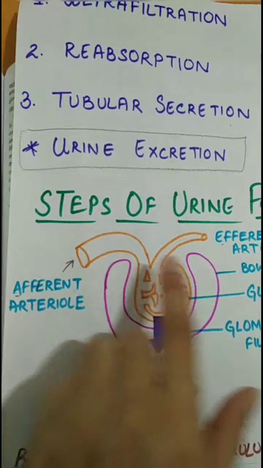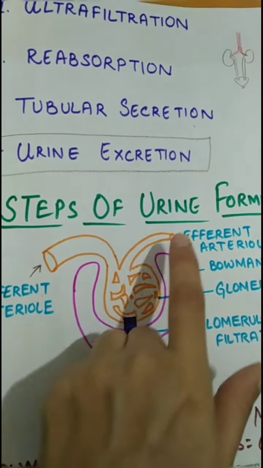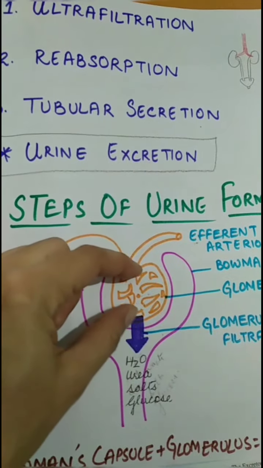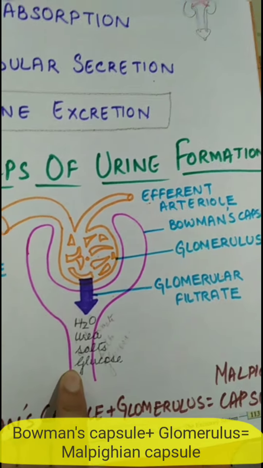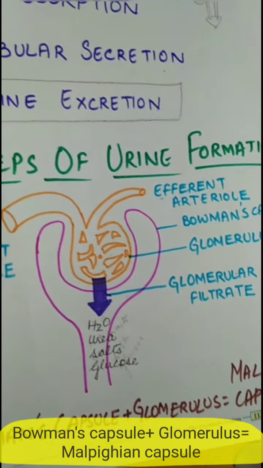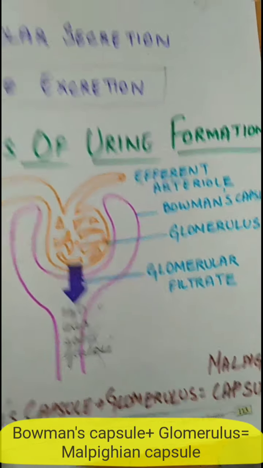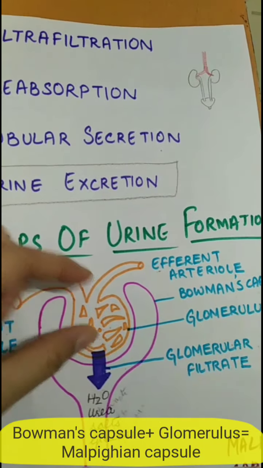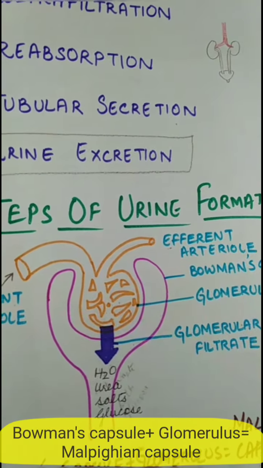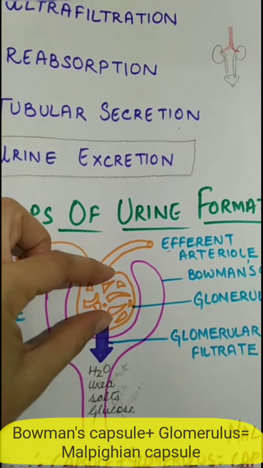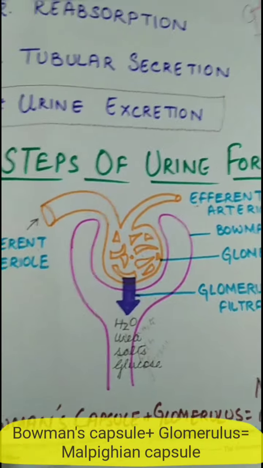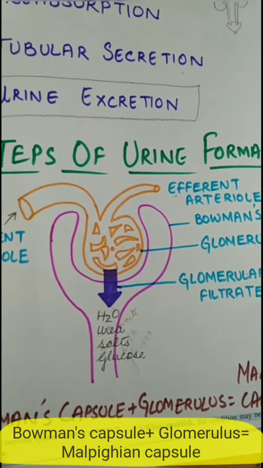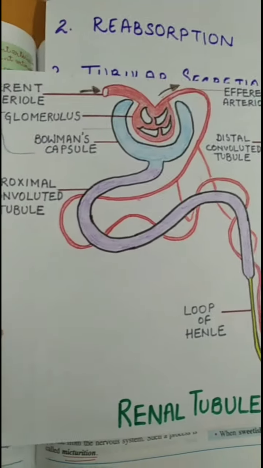Because there is a difference in the diameter of these two arterioles, a high pressure develops here in the glomerulus, which leads to the filtration of these substances into the Bowman's capsule. So the filtration of the blood under the pressure which is created here in the glomerulus is known as the ultrafiltration.